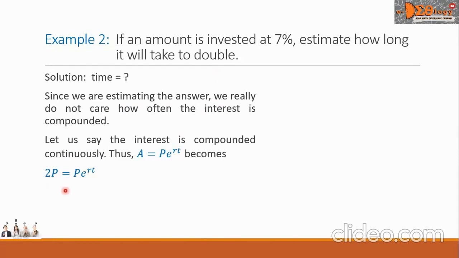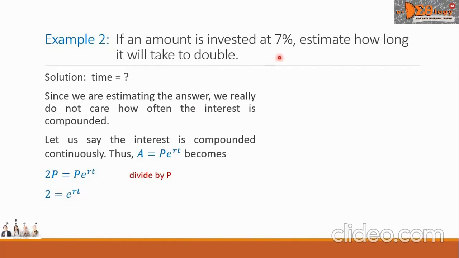We can see here that both sides have this letter P. So we can divide this equation by the P to simplify. So the next equation will be 2 equals the constant e raised to the exponent RT.